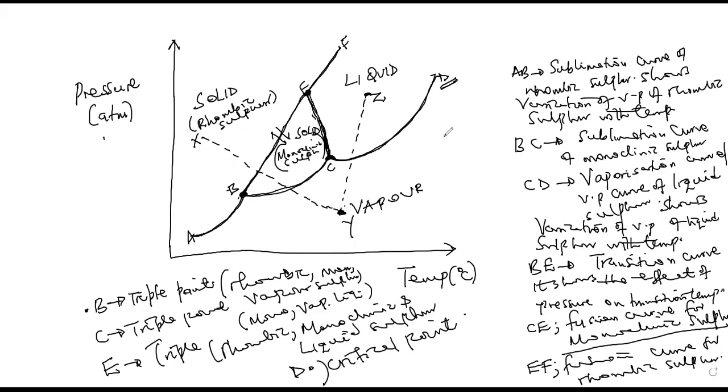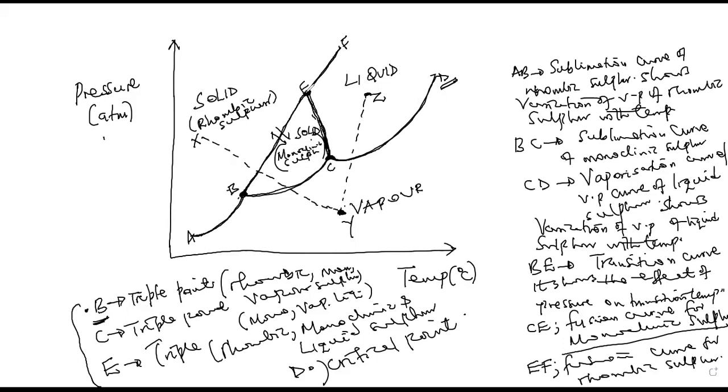So that is the summary of the phase diagram for sulfur. These triple points, you have to look at them very wisely. We say that at B, it is the rhombic, the vapor, and the monoclinic sulfur that are in equilibrium. At point C, it is the monoclinic, the liquid, and the vapor that are in equilibrium.